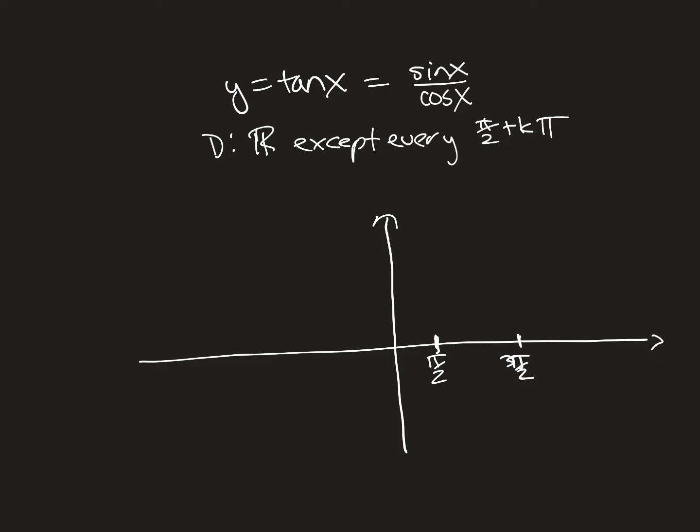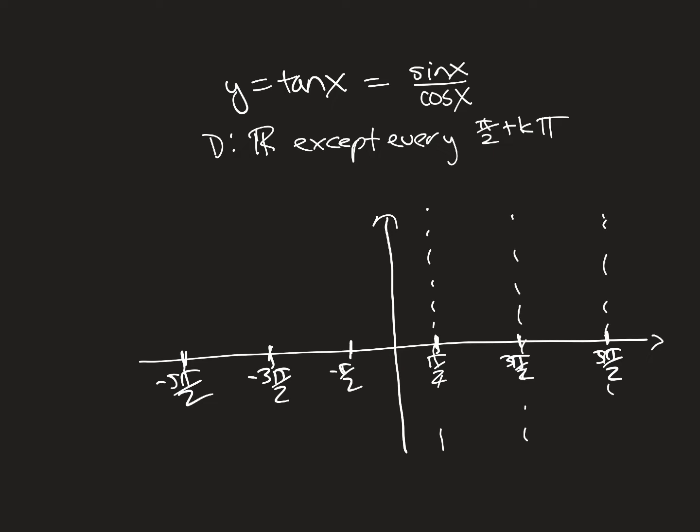And then another pi away, so 5 pi over 2, and so on. And let's do it on the other side, negative pi over 2, negative 3 pi over 2. I probably don't need to do this much, but negative 5 pi over 2. Okay, so we've got our asymptotes.